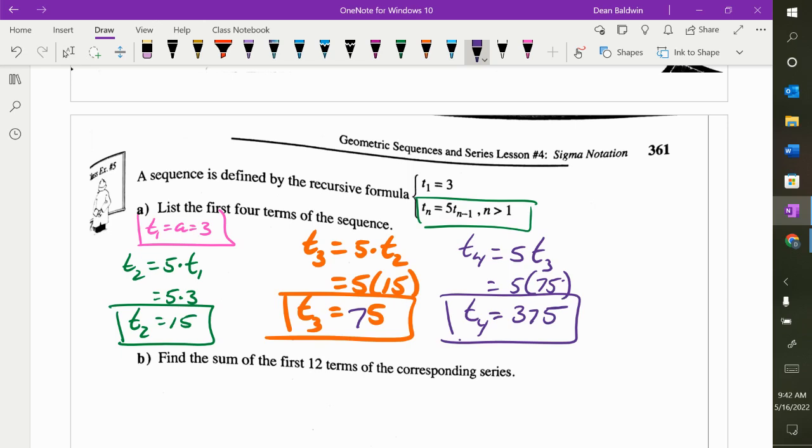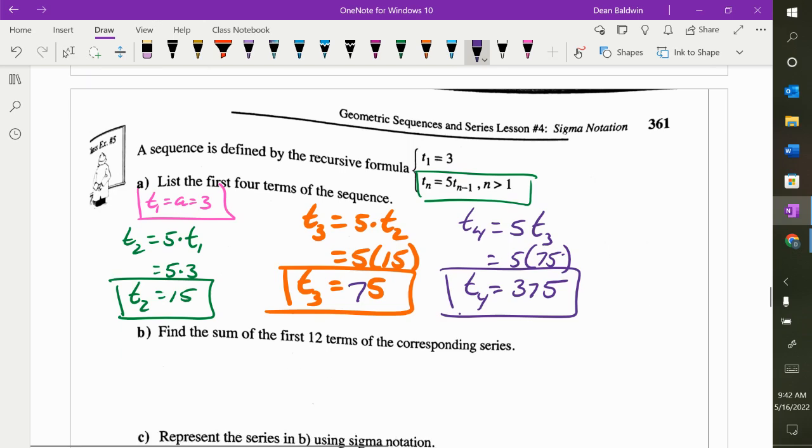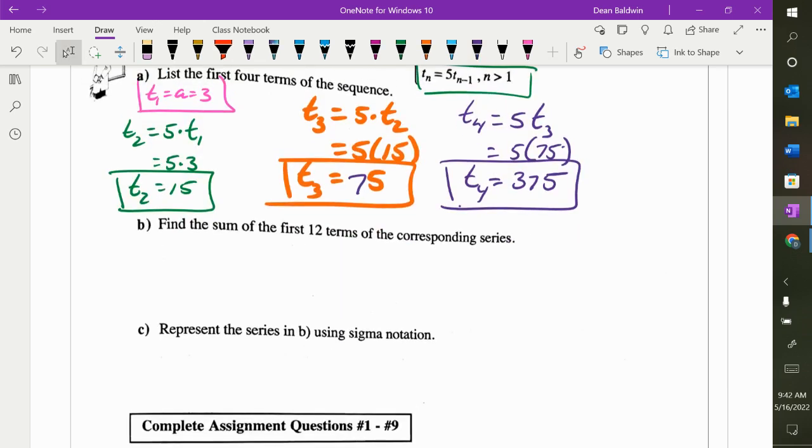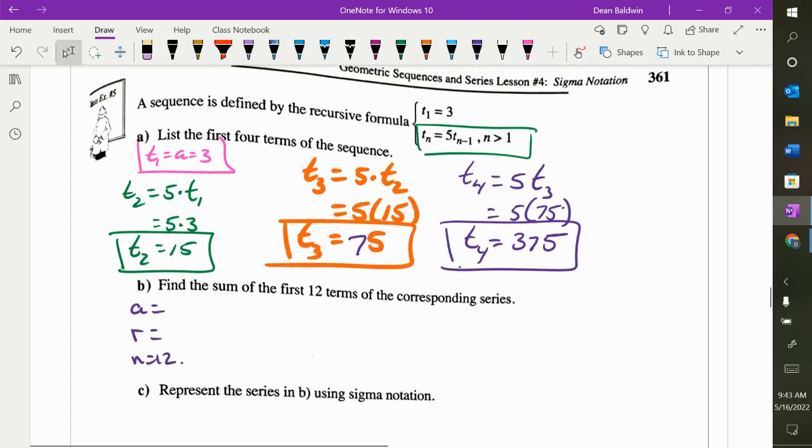Okay. All right. Find the sum of the first 12 terms of the series. I don't want to continue that process, so we're going to use our formulas. A, R, n is equal to 12 because I want to sum the first 12. All right. What's my A value? 3, the first term. What's my R value? Sorry, 5.